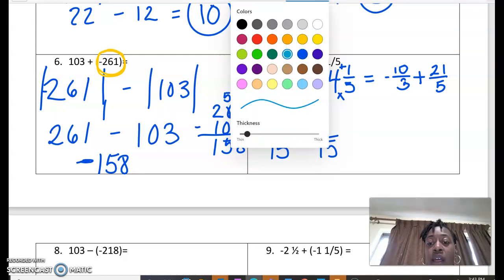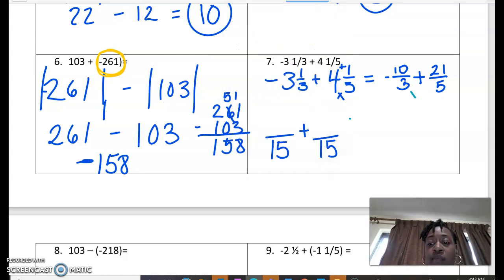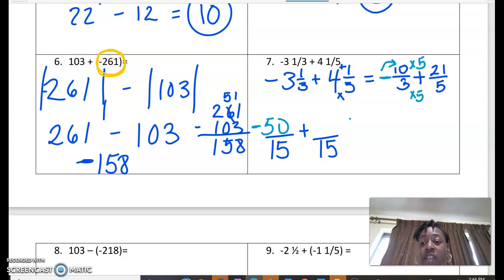So I know that 3 times 5 gave me this 15. So 10 times 5 will be 50. Since this is negative, because this negative belongs to this 10, this is going to be negative 50 15ths, because I am making an equivalent fraction to 10 thirds, which is negative 50 15ths.